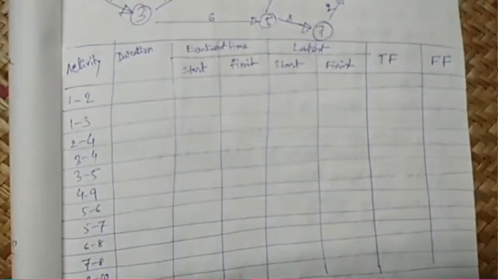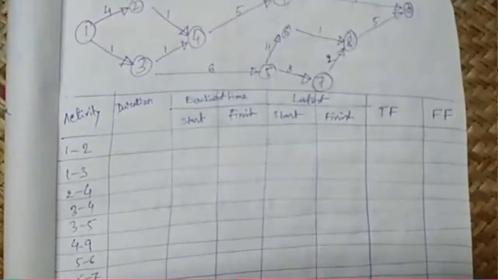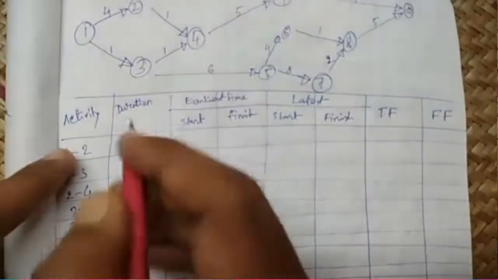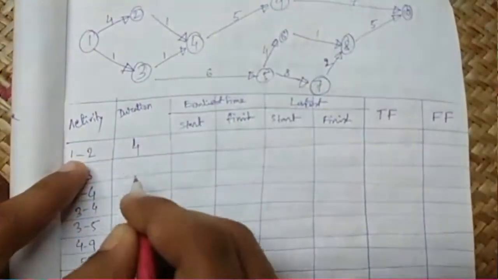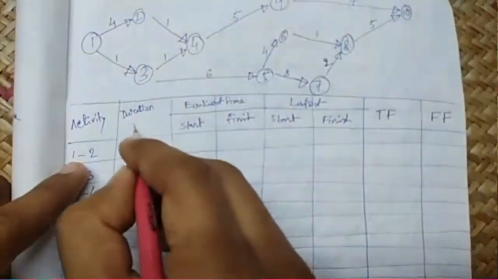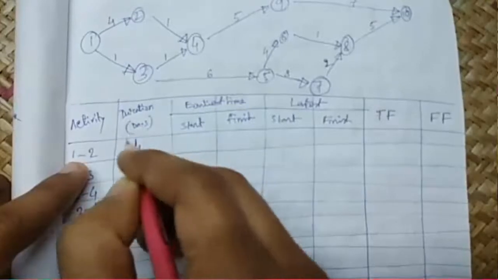Now we know the durations from the diagram. We have written all the durations over here, and we will write them out. So 1 2 takes 4 days. We will write 4. Here you may write the unit, days.